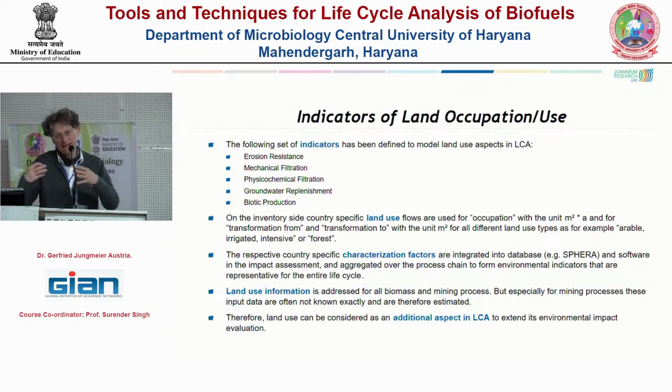So there exist models that have a very detailed modeling, but they also are quite data intensive, because you need all the data for each hectare of land to really run these systems and to see how the quality of land is changing. But anyway, you have to be aware, quality of land is a relevant issue when we use biogenic resources.